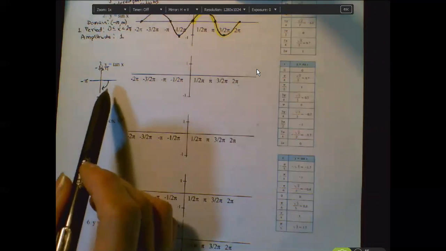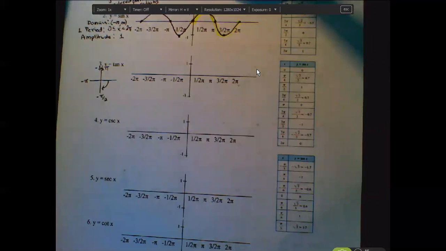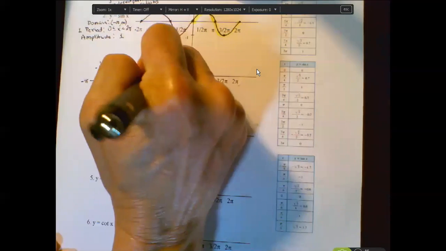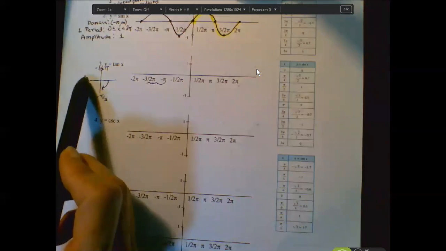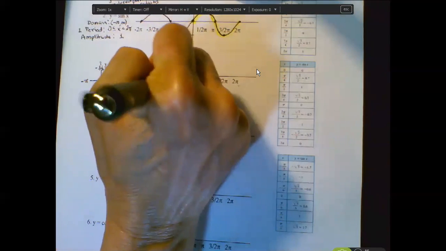Does it make sense now if you're counting clockwise because those angles are negative? Yeah, so it would be in quadrant 2. Yes. From here to here, from negative 3/2 pi to negative pi is quadrant 2.